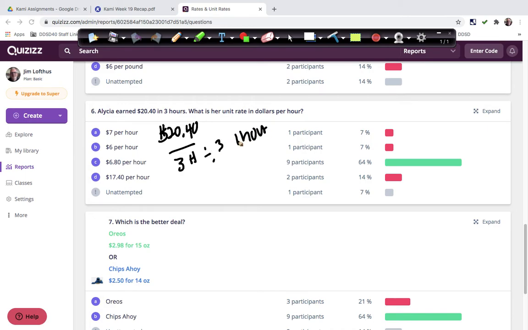That's what a unit rate means. It means 1. So 20.4 divided by 3 is $6.80 an hour. And that's how 64% of this class got that answer.